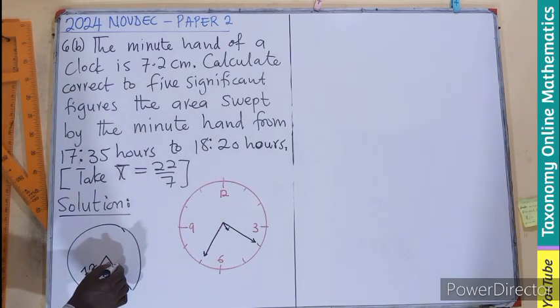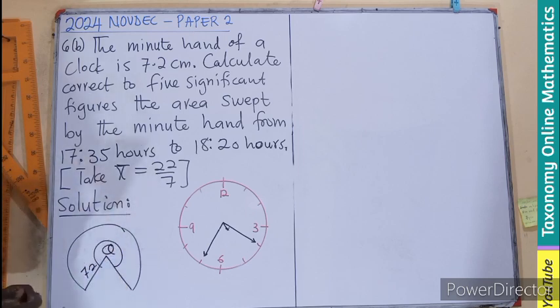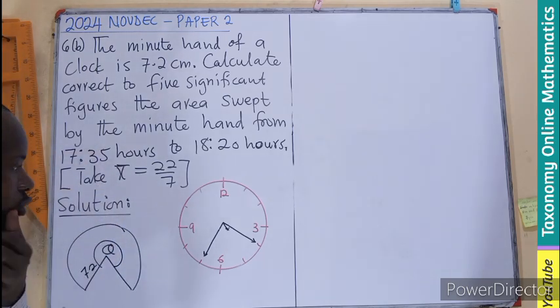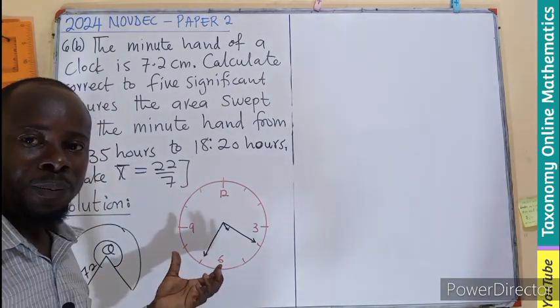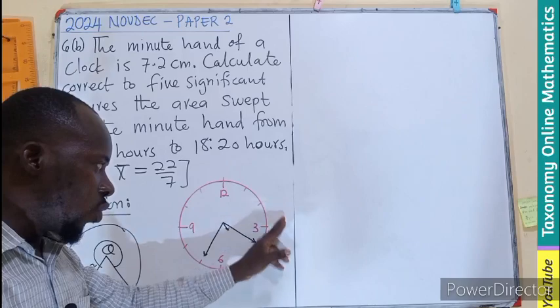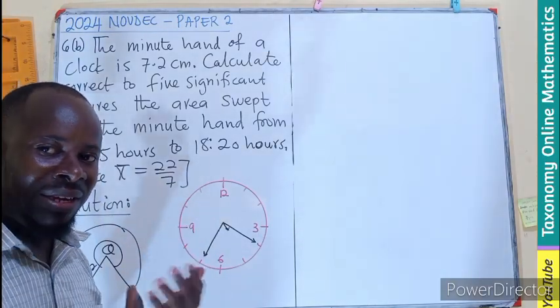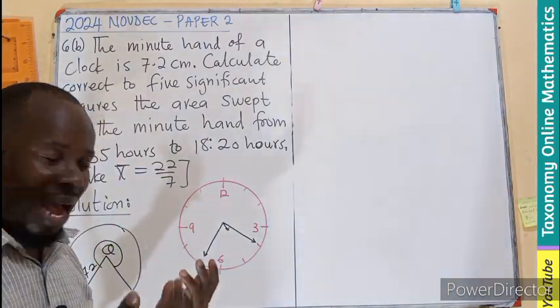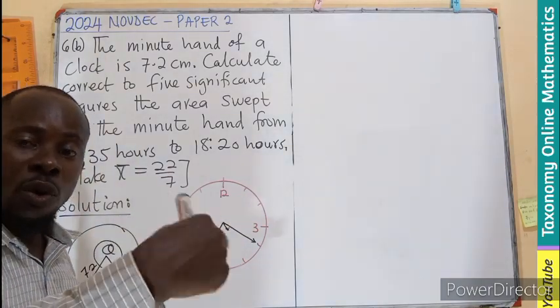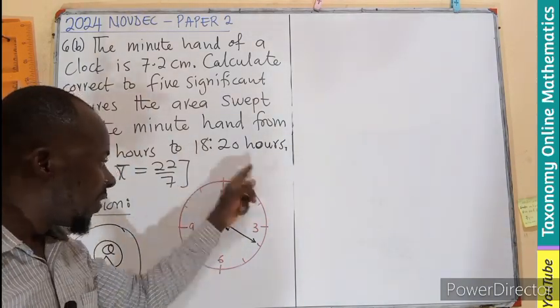We need to know the angle that is subtended at the center, or the angle that this arc subtends at the center. So we need to come back to the time. How can we use the time to generate the angle? A total angle in a circle is 360, and a complete movement of the minute hand takes 60 minutes.